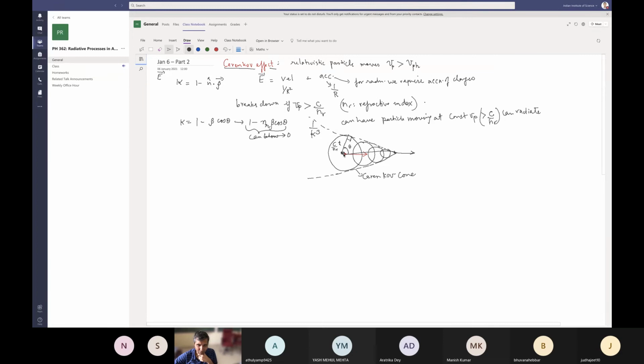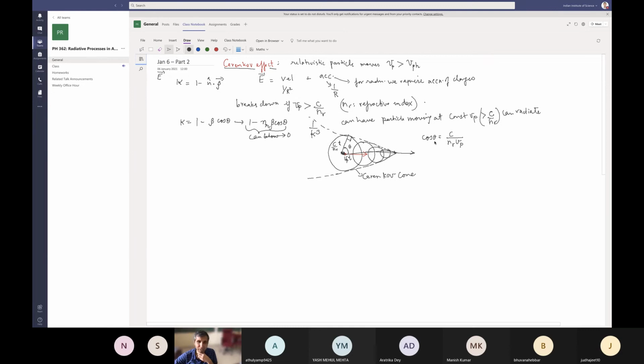At t equal to 0 the particle was here, and at time t it's here. So this is the distance traveled by the signal starting from this location. The height of this cone is nothing but v particle times t, right? So cos theta is equal to c by nr vp.